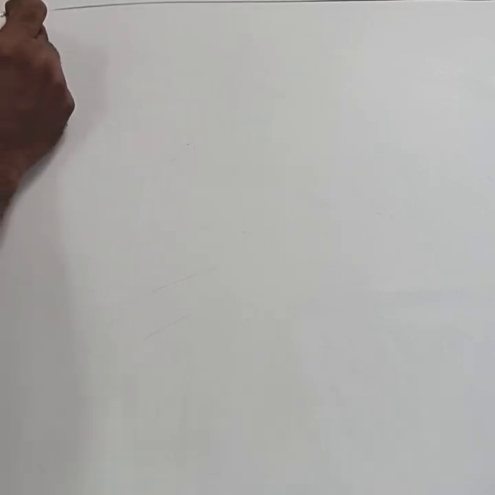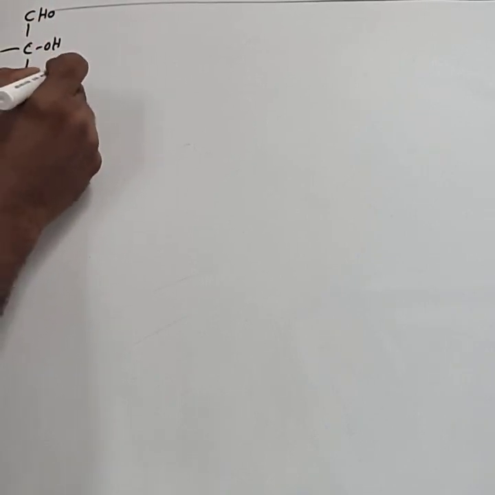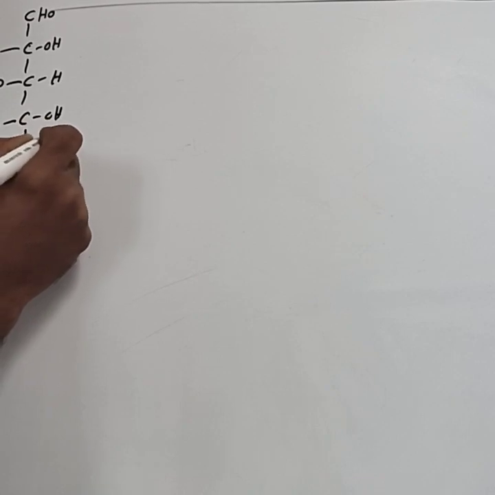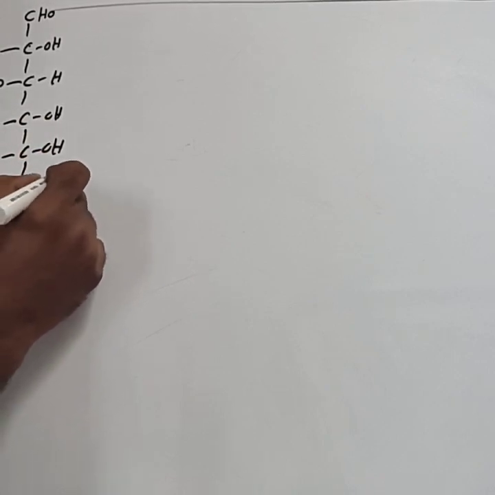Before going to that elucidation, I am assuming the open chain structure of glucose as CHO, CHOH, CHOH, CHOH, CHOH, CH2OH.